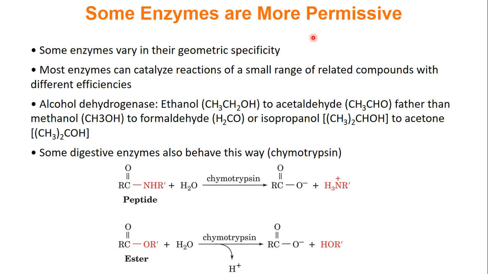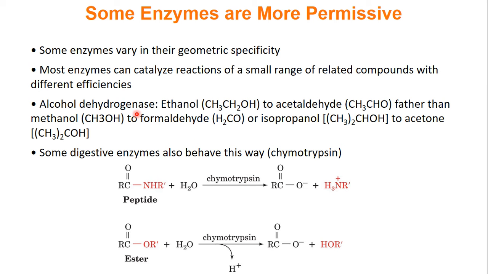Now, I did say that enzymes are specific. However, there are some enzymes that are more permissive. That is, they will allow substrates that they normally don't work on. So enzymes will catalyze reactions of related compounds. For example, we have a peptide and an ester. They look similar, and so the same reaction will be carried out by chymotrypsin.